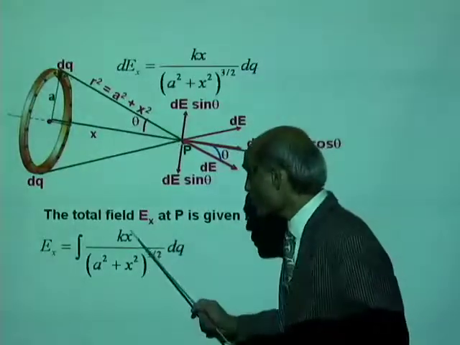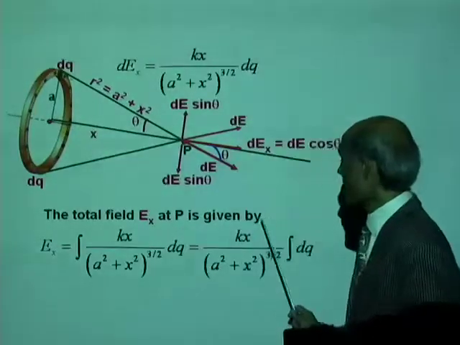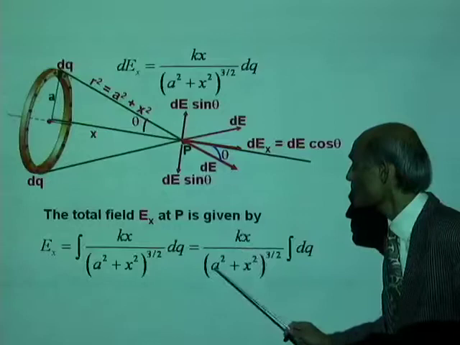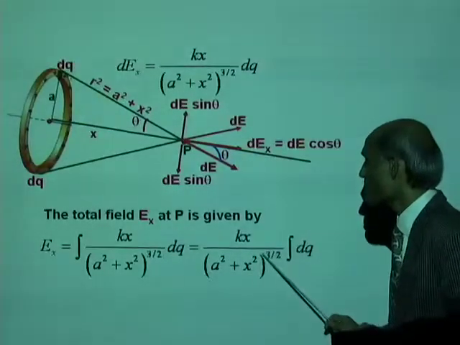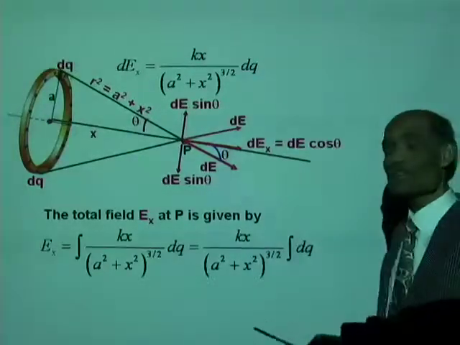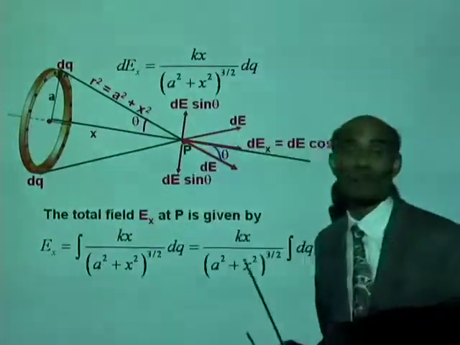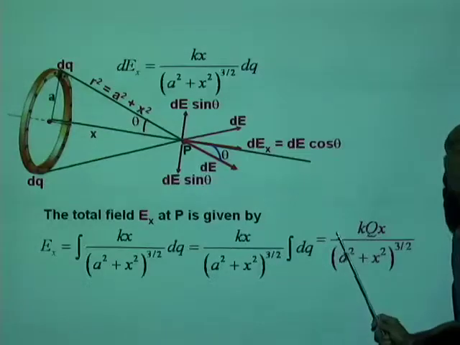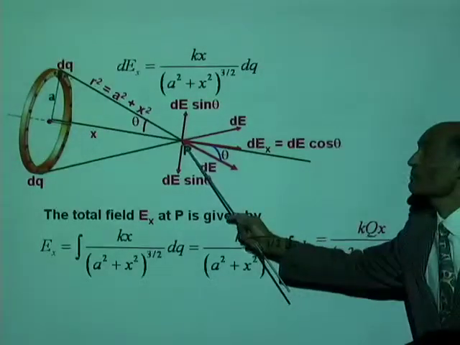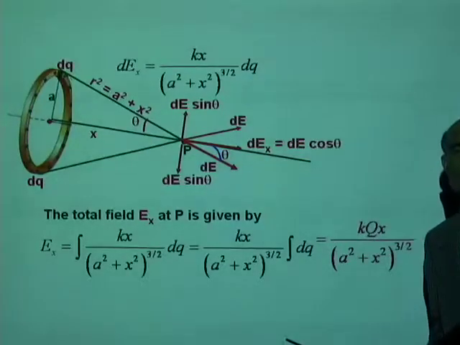That doesn't change. So none of these will change. And so we can take that out, and that now becomes kx over a squared plus x squared to the power of 3 over 2 times the integral of dq. What is the integral of dq? The integral of dq is the total charge q on the ring. So that gets us the final equation for the electric field at this point as kqx over a squared plus x squared to the power of 3 over 2.